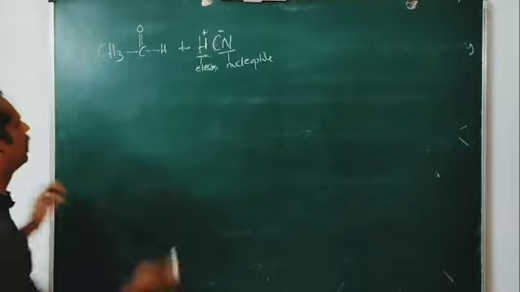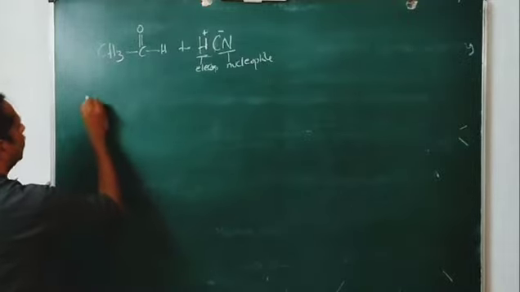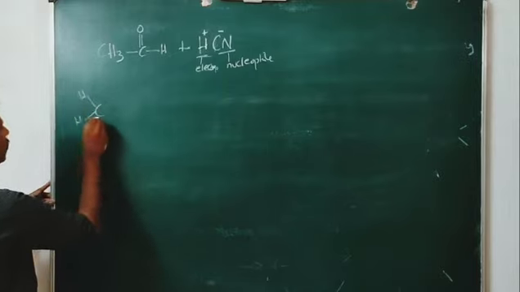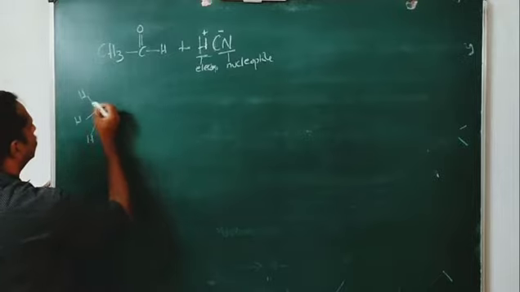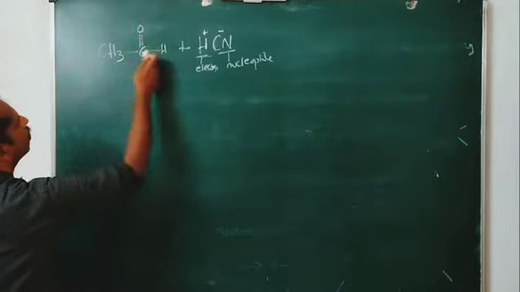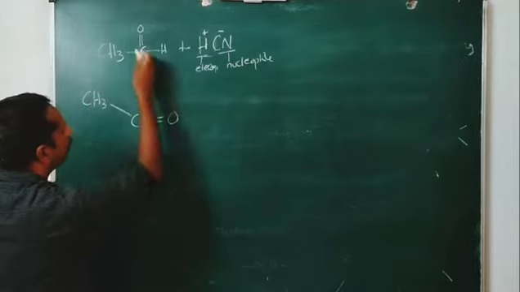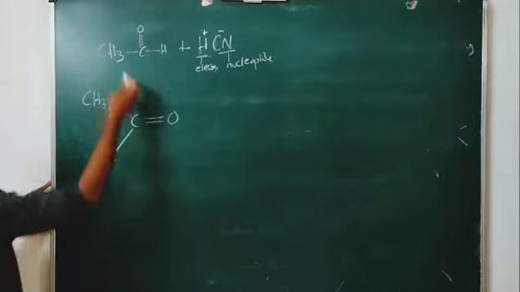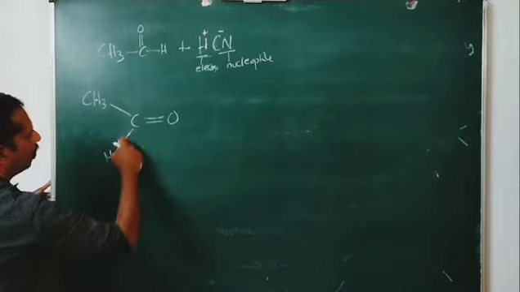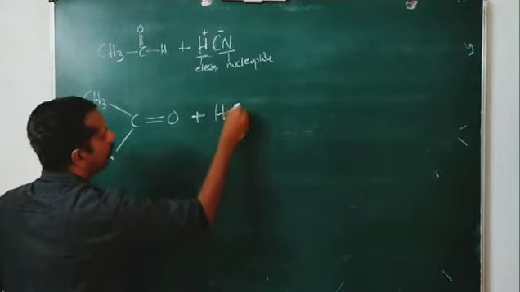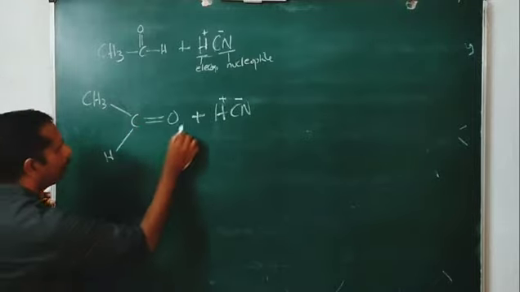What do you mean by electromeric effect? Look at the actual structure: CH3, C double bond O, H, plus we are adding HCN, that is H plus and CN minus. Now this is our double bonded part.